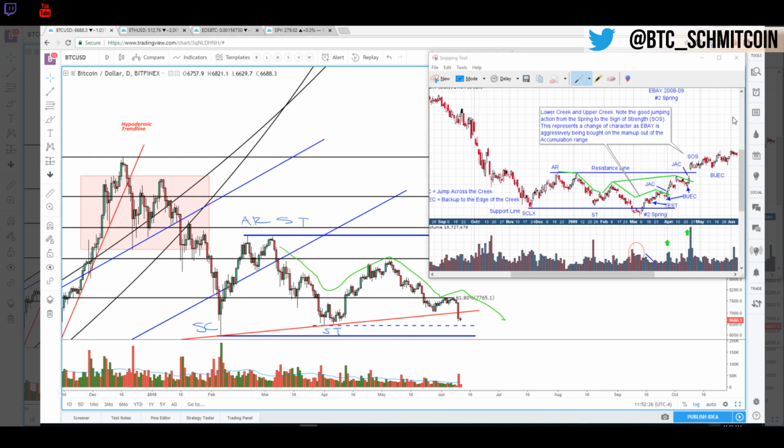We see obviously a swell of volume here. But what's important to note is that the volume going into the automatic reaction diminishes all the way through to the secondary test. So we see boom, boom, a swell of volume going into a swell of volume and a selling climax sort of thing.